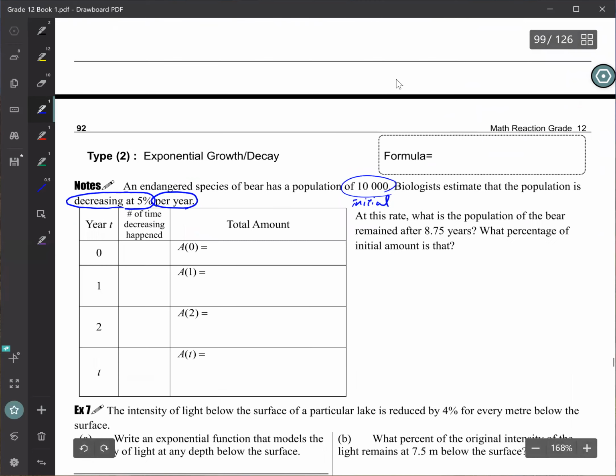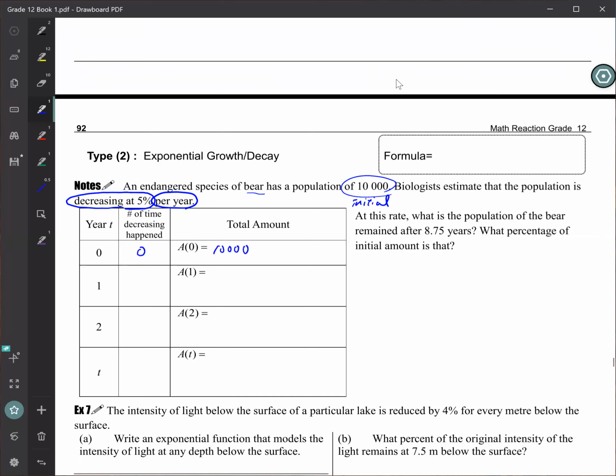At the beginning, 0 years, it hasn't decreased yet, so the number of times will be 0, and the amount of bears at 0 years will be 10,000. We started with 10,000. So after 1 year, because it says per year, it happens per year. So in 1 year it only decreased once.